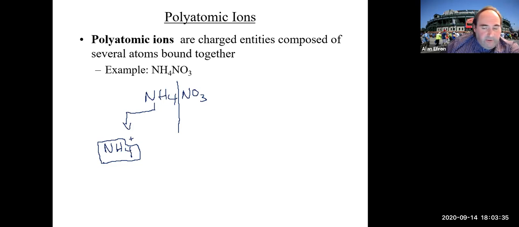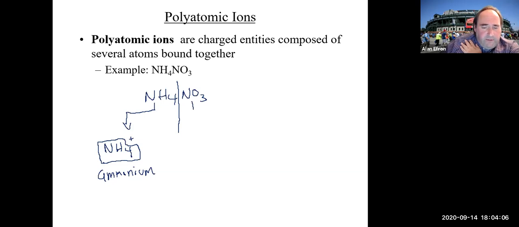So this one nitrogen will never come off by itself, and the 4 hydrogens, if they move around, move around as a whole unit, and the entire unit has a +1 charge. This has a special name, which is the ammonium ion, not to be confused with NH3, which has no charge, one less hydrogen, and is known as ammonia. So ammonium is an ion with a charge. Ammonia has no charge and only 3 hydrogens and 1 nitrogen.